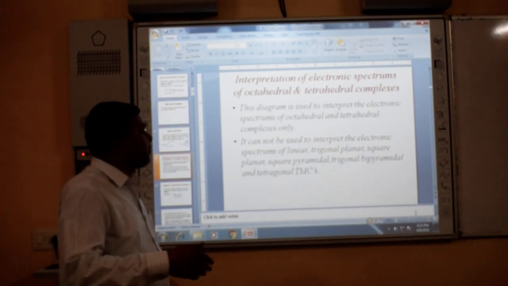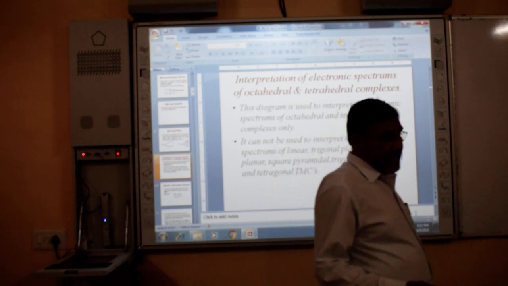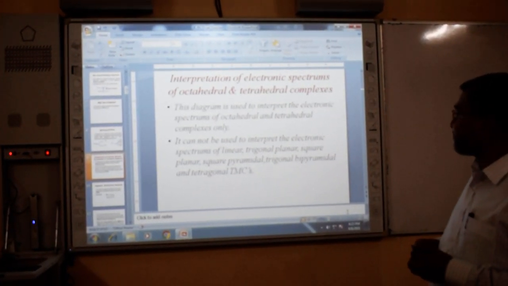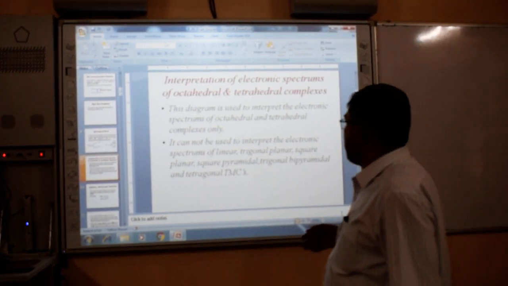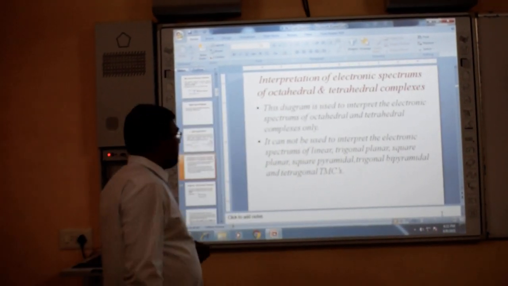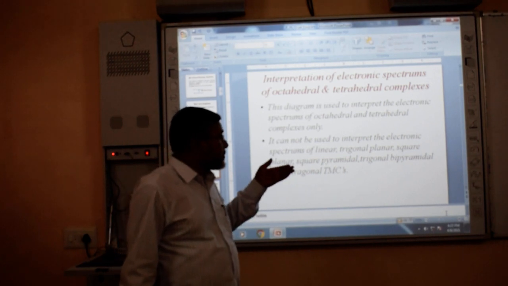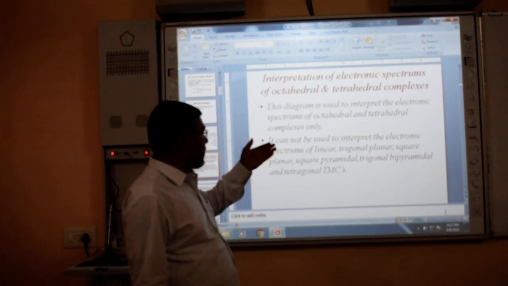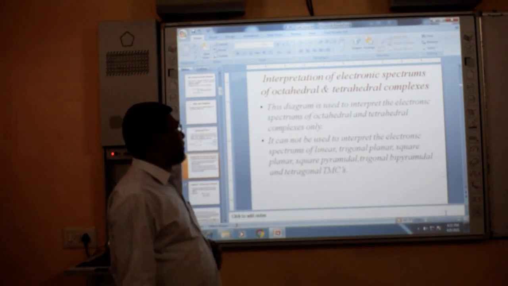Now we are going to use the Orgel diagrams to interpret the electronic spectra. This is used to interpret only the electronic spectra of octahedral and tetrahedral complexes.